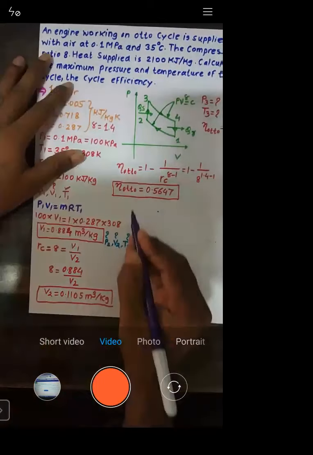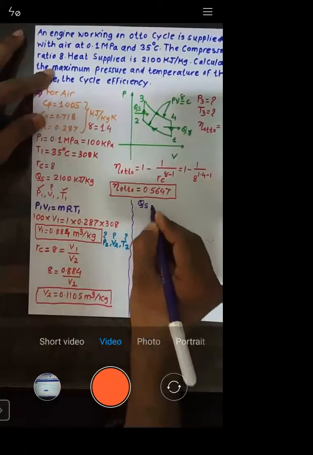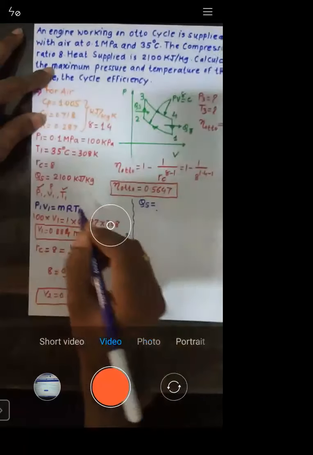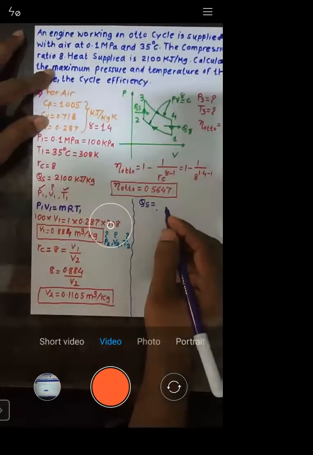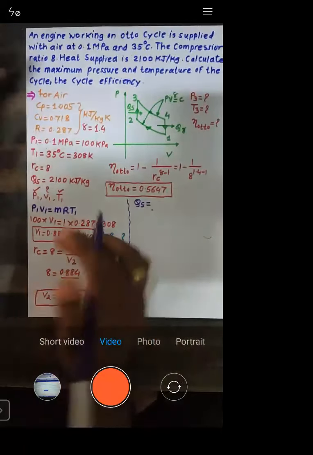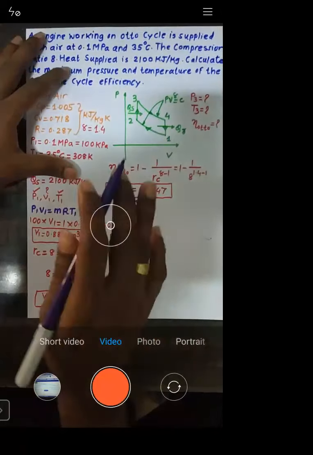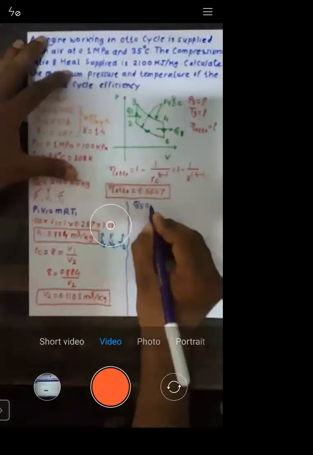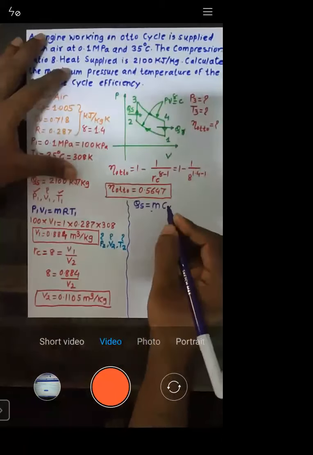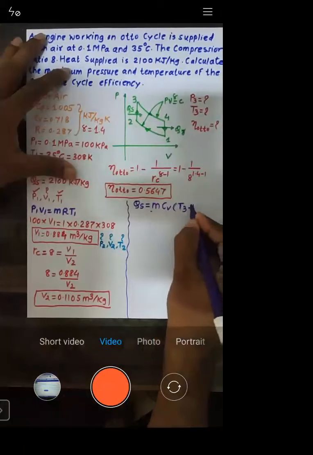Here I will write it down. QS is given as 2100. But what is QS? How do we calculate the heat supplied during 2 to 3? Heat is supplied during 2 to 3 at constant volume. So the formula is M into CV into the highest temperature minus the lowest temperature.